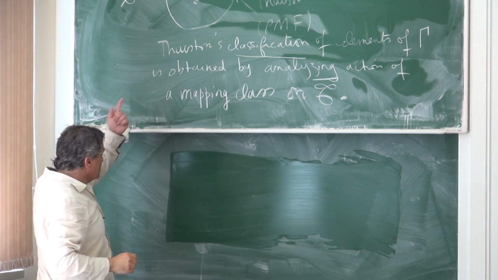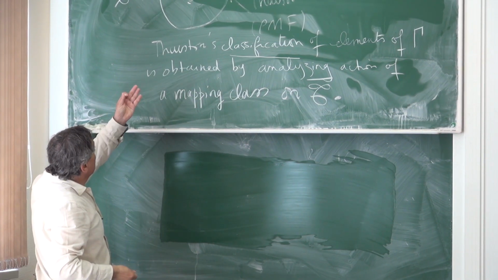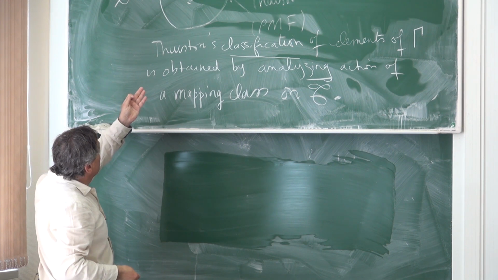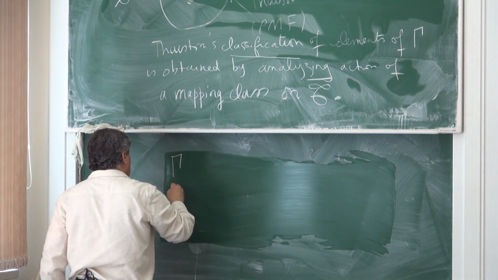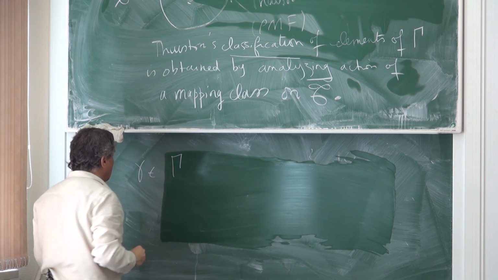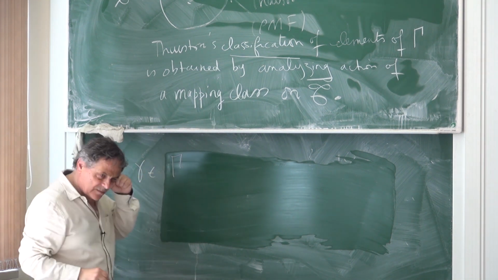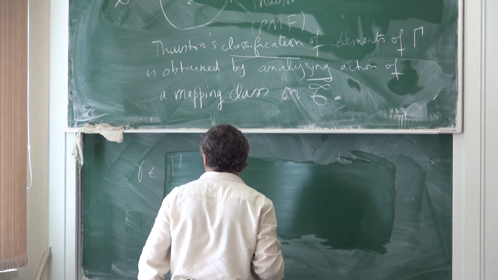So, okay, I have a homeomorphism. So gamma. So let's say an element of gamma. And I don't want to call it small gamma because we already used small. Well, yeah.